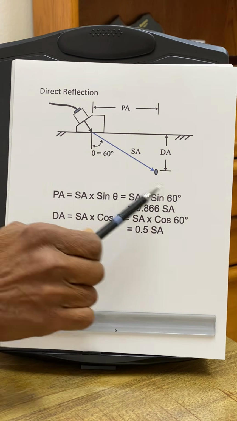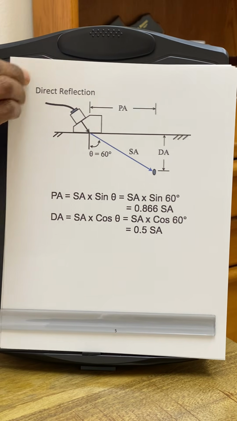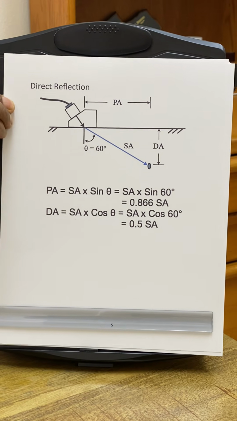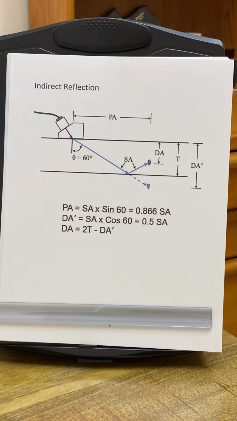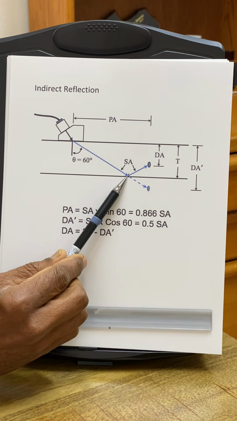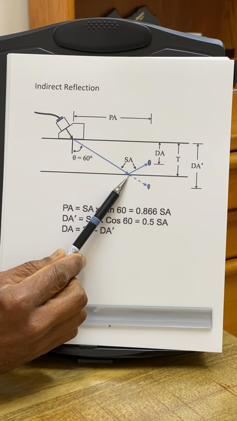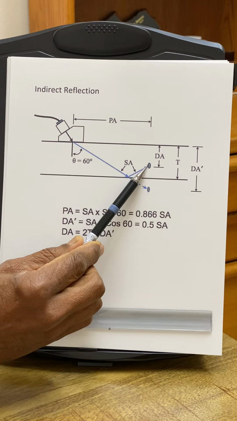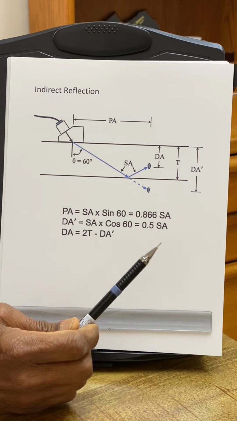So this is a direct reflection, but in ultrasonic testing, we have what's called the first leg and the second leg. In the second leg, the sound hits the bottom, which is the ID of the pipe or the pressure vessel, reflects back up, then goes to the reflector and comes back to the probe.